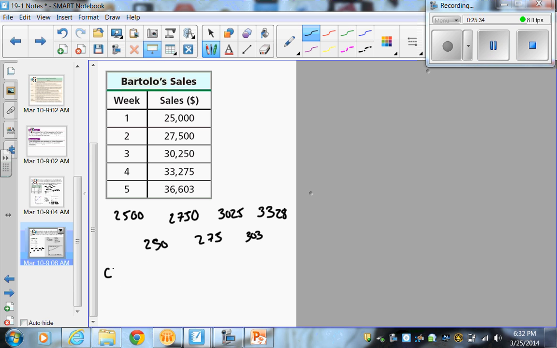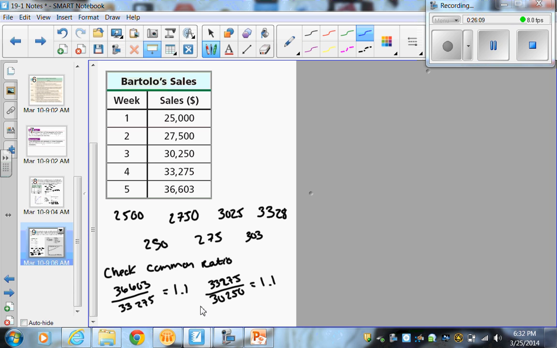So for checking the common ratio, we would have 36,603 over 33,275. That gives me 1.1. Then I could have 33,275 over 30,250.